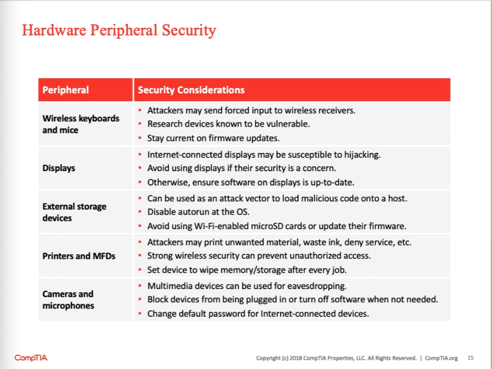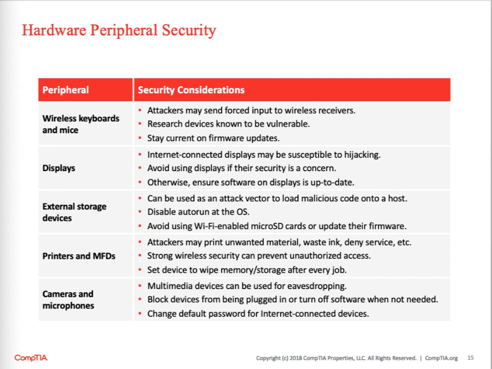Then we have printers and multifunctional devices. So attackers potentially will print unwanted material and waste ink. So maybe they're putting out some sort of agenda, right? They're printing that out on all your printers, or a lot of times, people when they do this like to waste ink, like print out nothing but black ink, so that way they run out.